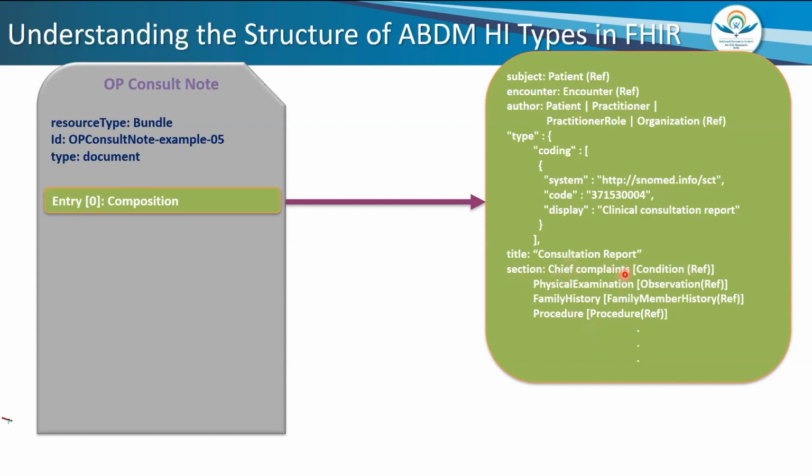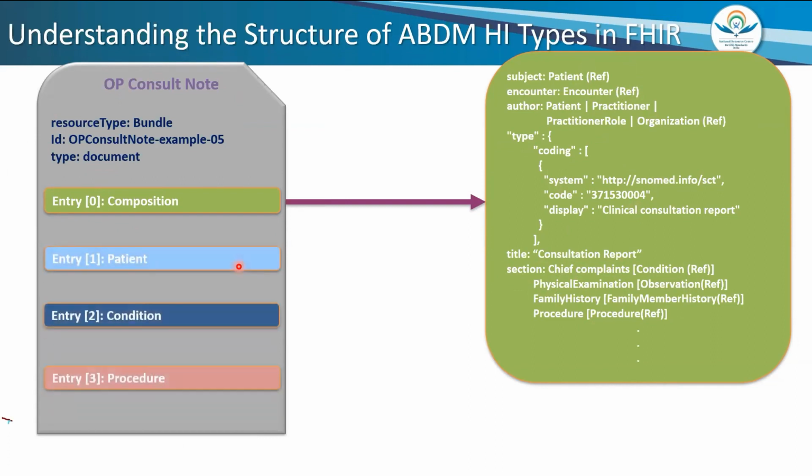Like chief complaints is a section which is represented by a condition resource. Physical examination is a section which refers to an observation resource. So whenever an OP consult note bundle is generated of type document, the first entry will be composition, and later whatever resources are referred in that composition or anywhere will be there in the next bundle entries. So the patient resource will be there, condition resource will be there, procedures.